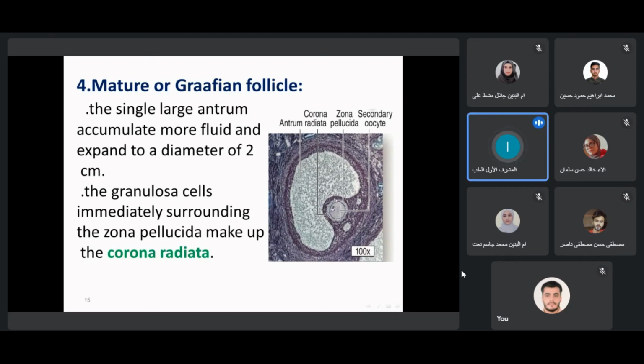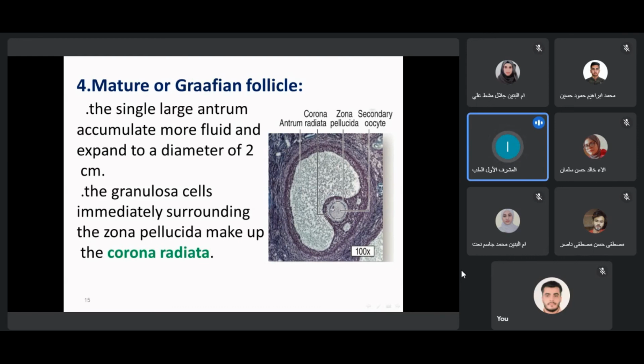The most prominent change here is the expansion and much increase in size until it reaches about 2 centimeters. And this is the corona radiata. This is the primary or secondary oocyte here at this stage just before ovulation.